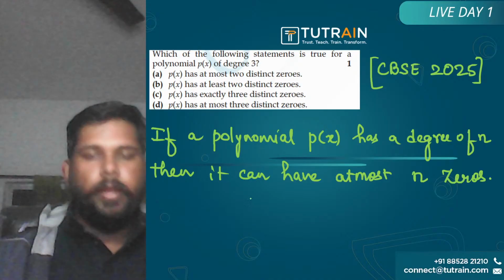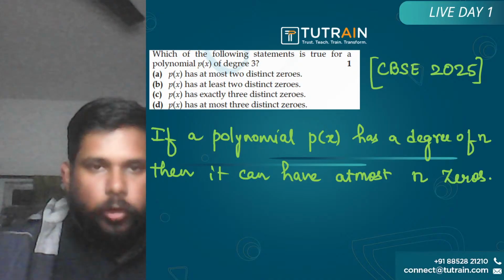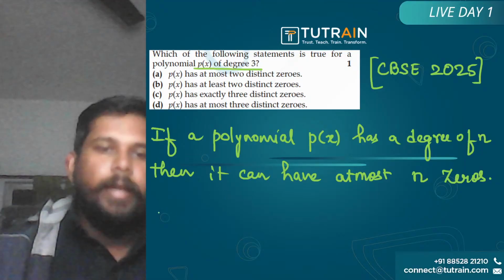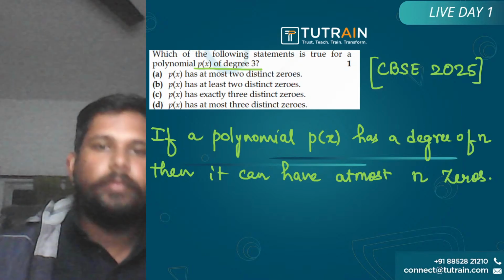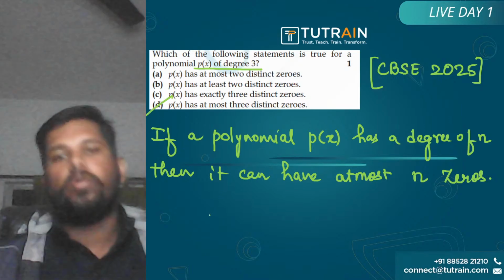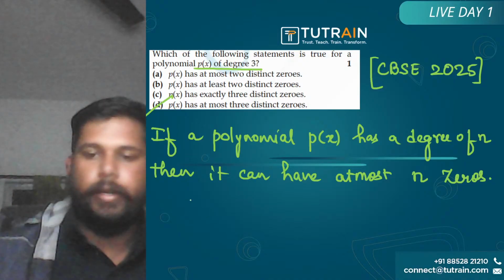So here, this polynomial p(x) has degree 3, that means p(x) will have at most 3 distinct roots. So option D will be the correct answer.